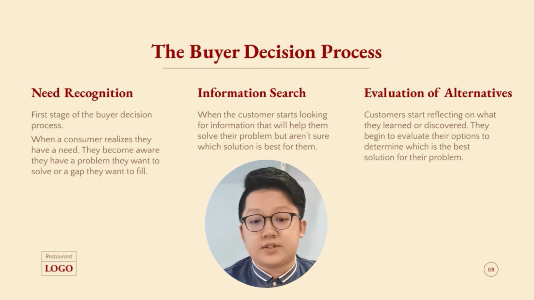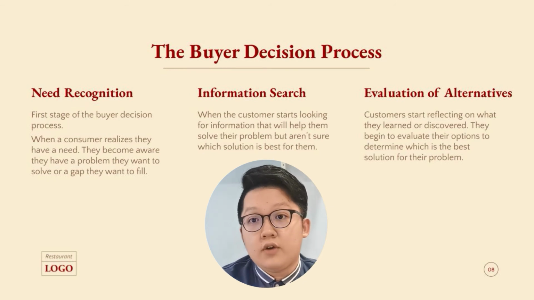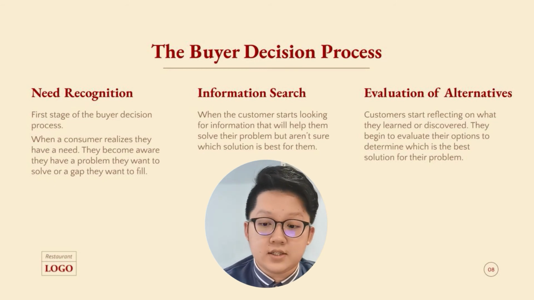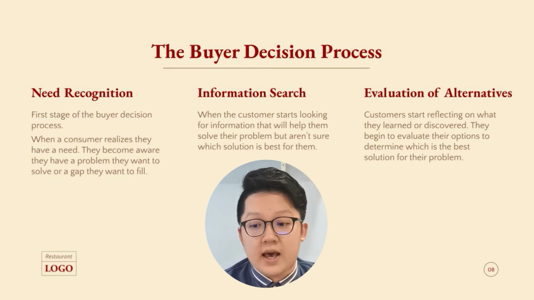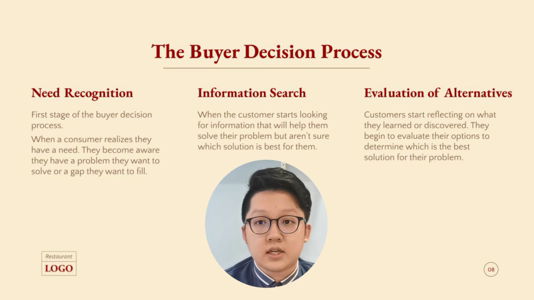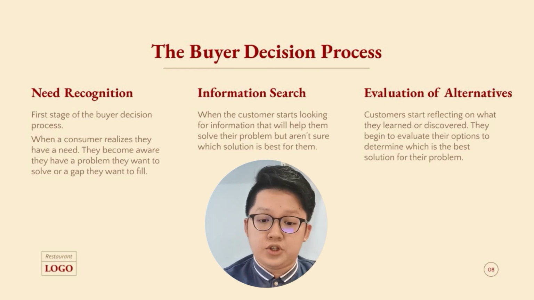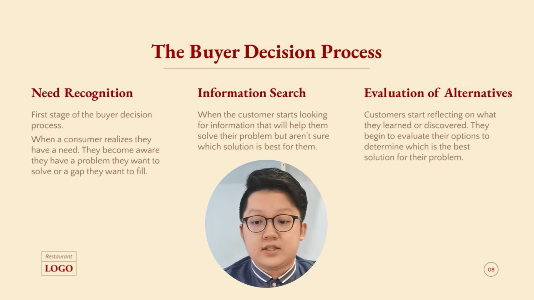So the next phase is the information search. Information search begins when the customer starts looking for information that will help them to solve their problem. They know they need something to fix their situation, but aren't sure which solution is best for them. The customer starts searching for information that will help him or her better understand their situation and identify what will fix their issue.